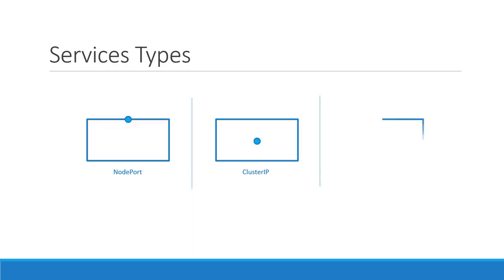The third type is a load balancer, where it provisions a load balancer for our application in supported cloud providers. A good example of that would be to distribute load across the different web servers in your front-end tier. We will now look at each of these in a bit more detail along with some demos.